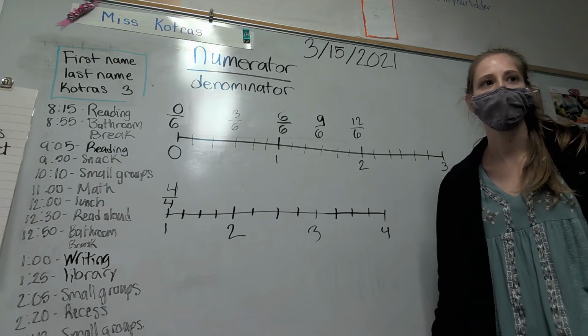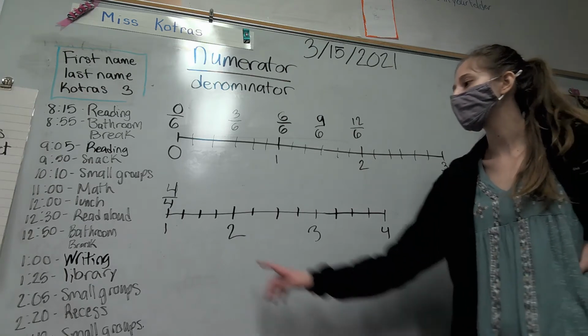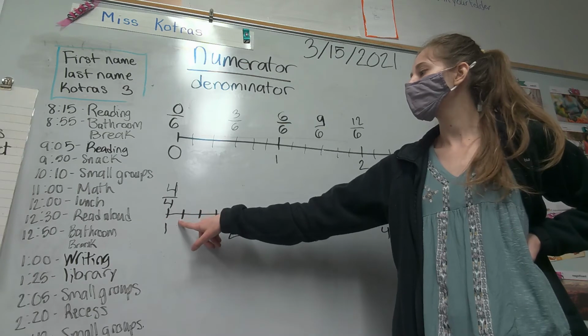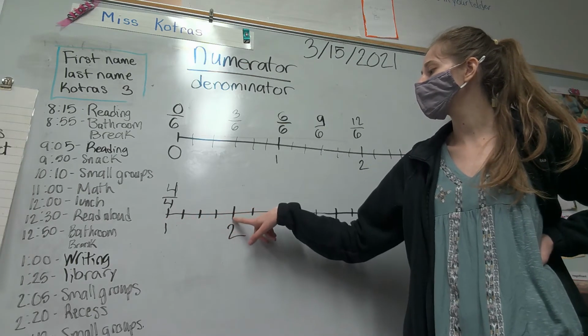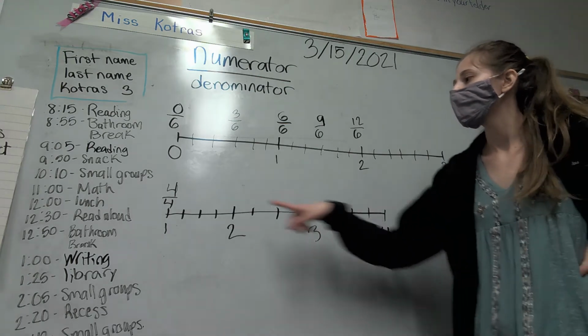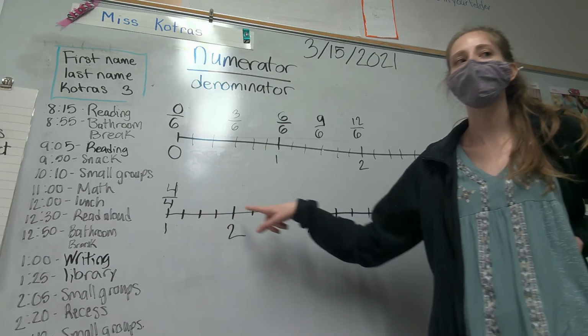Yes, just do the same amount. So now, when you are finding the rest of your fractions, you can start at 4/4, and you can count each of these lines. You add 1 to the numerator, or the top number. So this is 4/4, 5/4, 6/4, and you keep going.